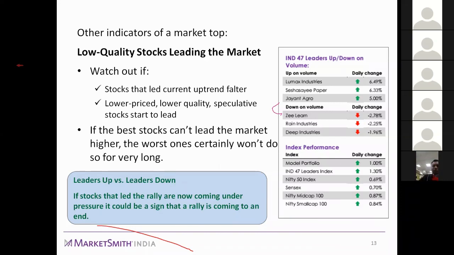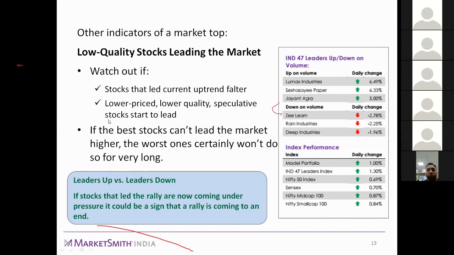Based on that rationale, they take positions in the laggards in the leading industry group. It doesn't always work, and people fall into a trap because those stocks don't have good fundamentals, and even technically they might not be sound to enter, but based on faulty reasoning they take positions in those stocks. Again, lower priced, lower quality speculative stocks start to lead.